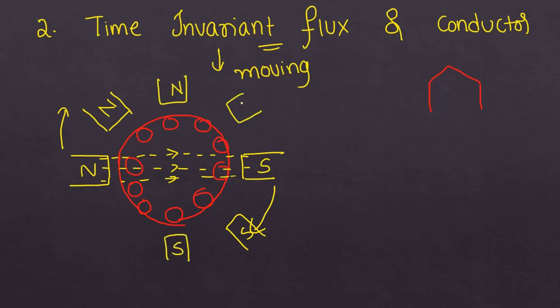Next, it will be like this. Now, if I am talking about only this conductor, with my concentration completely on this conductor, at this one more lines are passing. In the second case, when this moves like this, the flux lines will be like this.